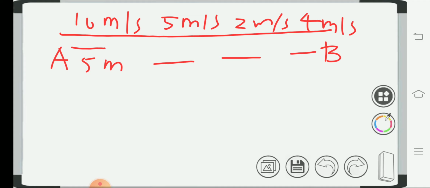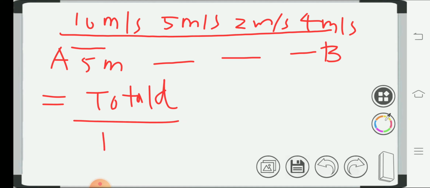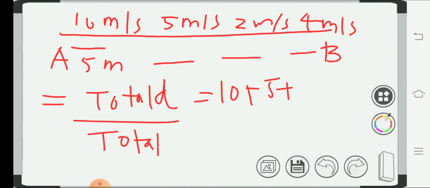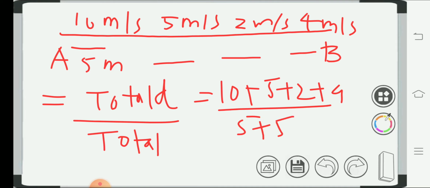Now average speed will be the total distance it has traveled upon the total time taken. So 10 plus 5 plus 2 plus 4 upon 5 plus 5 plus 5 plus 5, whatever it comes you find out and see.